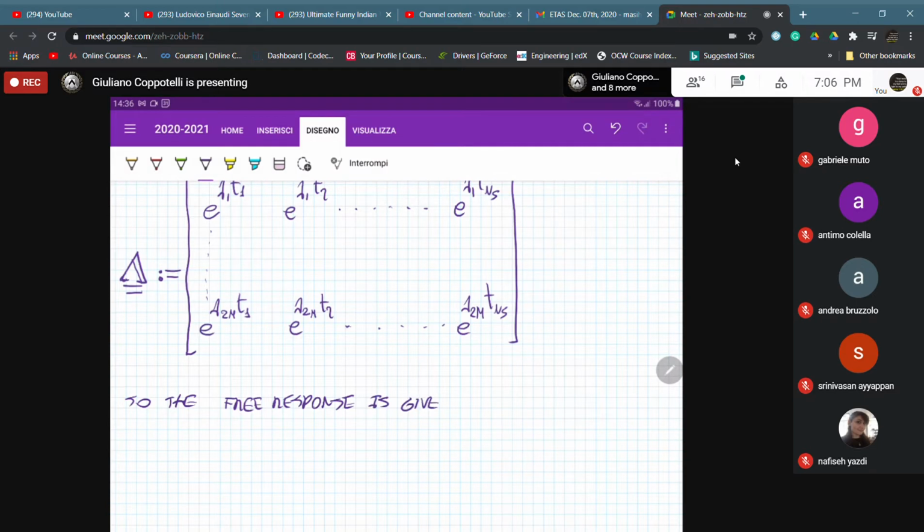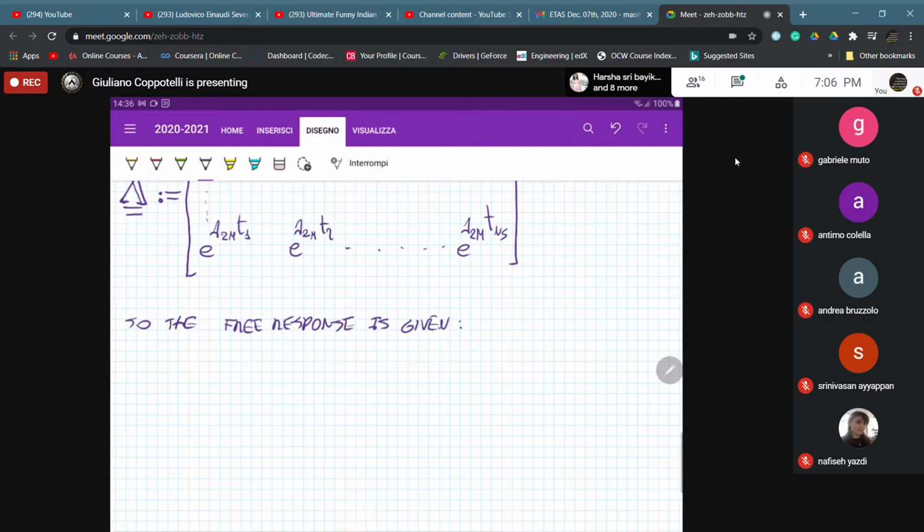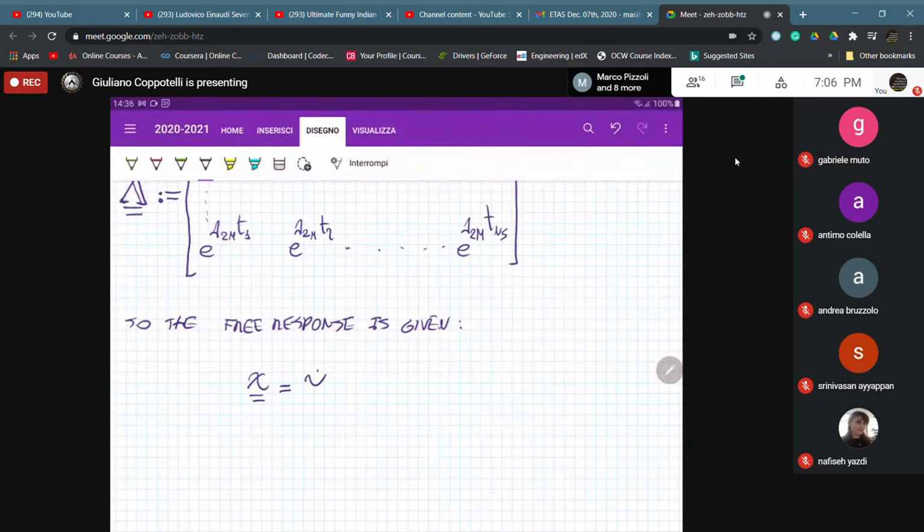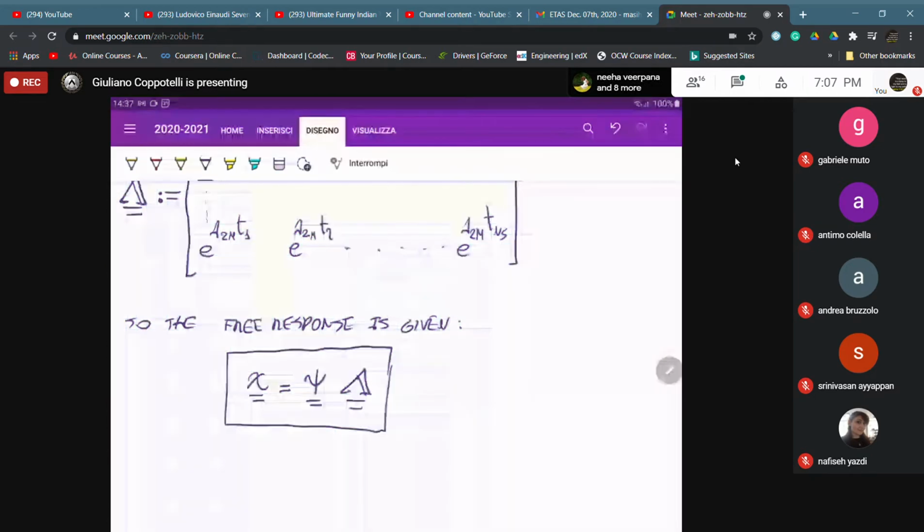The free response can be written as your chi matrix equal to your psi matrix times your capital lambda matrix. That is the first equation that you have to consider. Let me call that equation A, because I will need it later on.